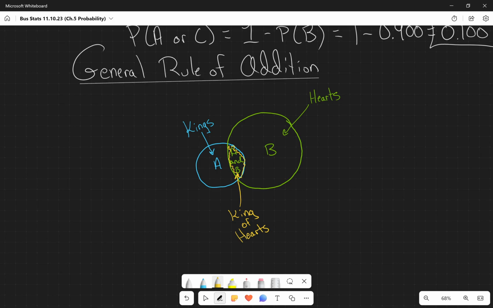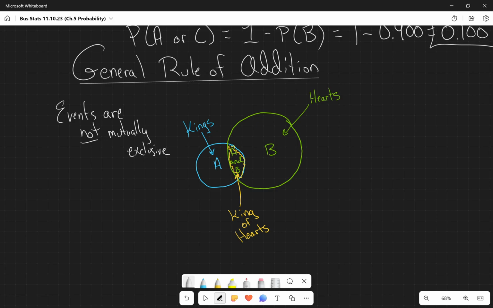So now we have a situation where the events are not mutually exclusive. And of course, this complicates things a bit more, right?